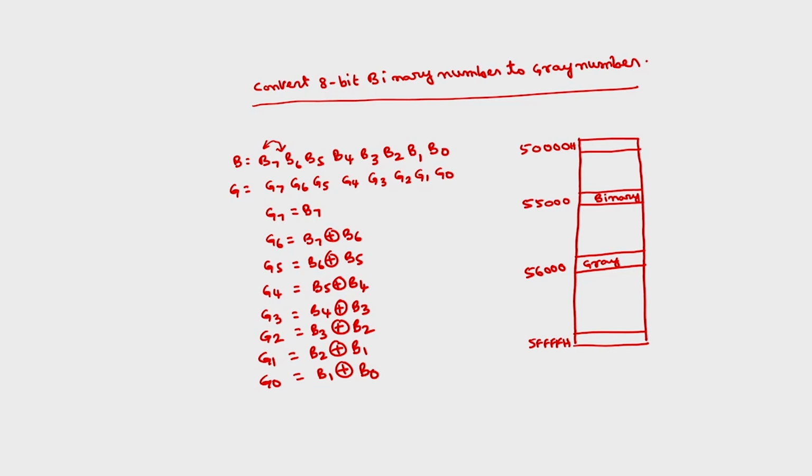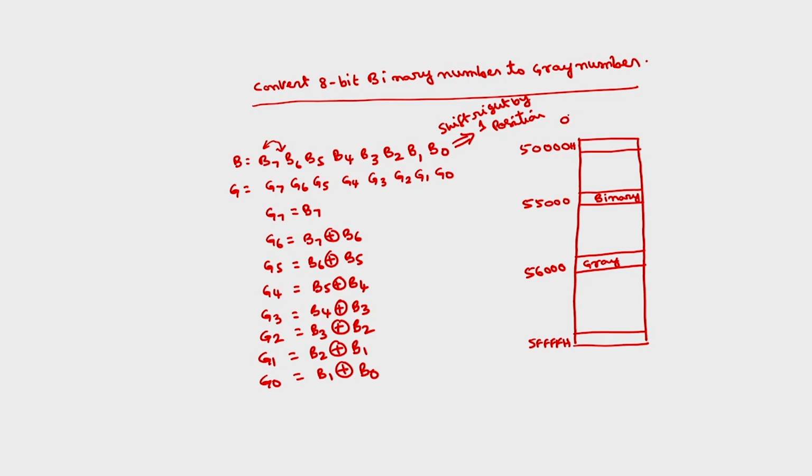So you have to keep it in a loop and do the exclusive OR operation 8 times. Instead of that, the logic that we are going to use here is to shift the given binary number to the right by 1 bit position, so that this B0 goes out and this MSB position is loaded with 0 if I reset the carry flag.